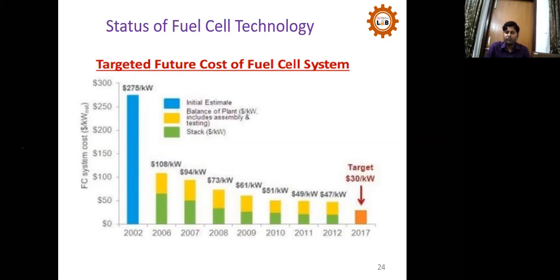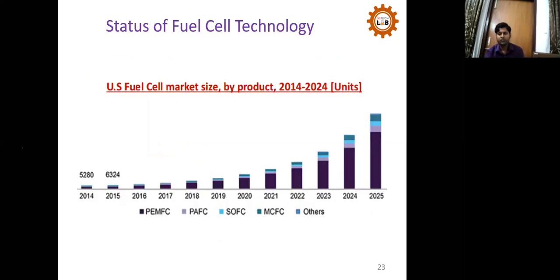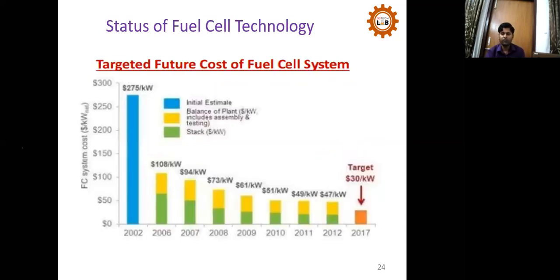If you get a vehicle powered by fuel cell at the same price as a petrol or diesel car, people will prefer the fuel cell, because it will not create any pollution, and other drawbacks are not there. So if the cost is less, then people will be using fuel cells. The prediction shows its demand is increasing because the cost is decreasing gradually over the years.